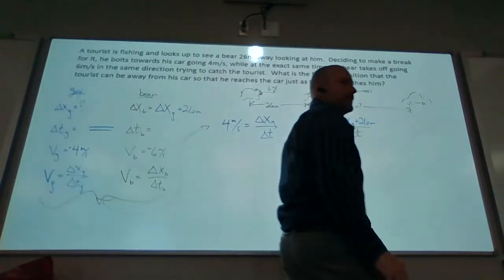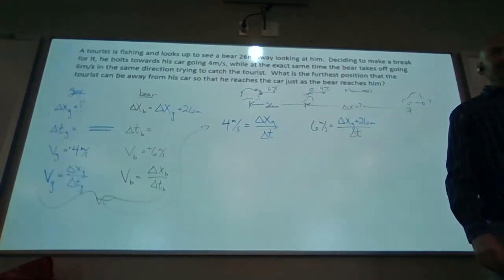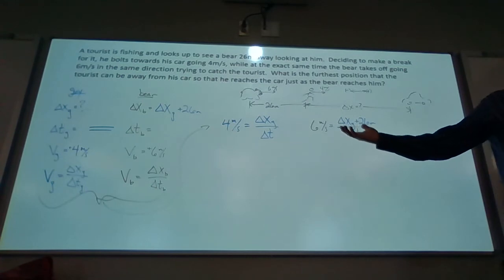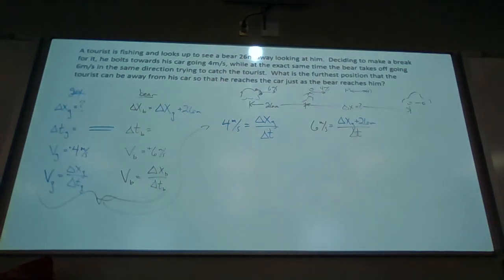Okay. How you solve for this? You've got lots of options. It does not matter. Substitution, elimination, set them equivalent to each other. I don't care what. Just do it correctly.